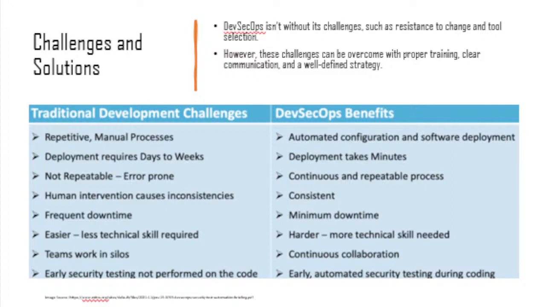As we go into the detail, DevSecOps isn't without its challenges, such as resistance to change and tool selection. However, these challenges can be overcome by proper training, clear communication, and a well-defined strategy.